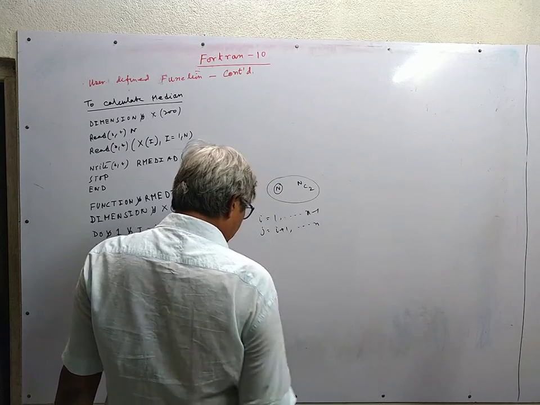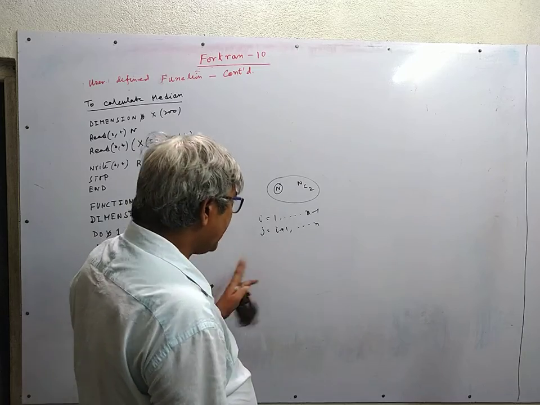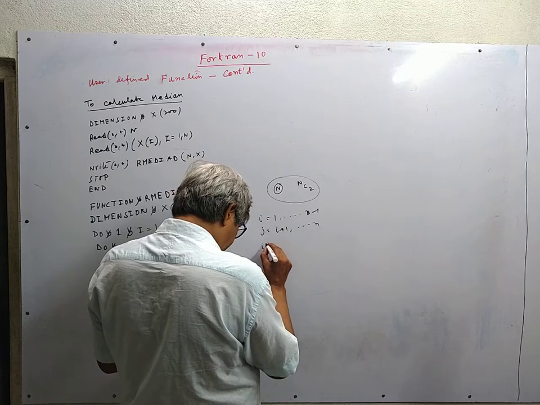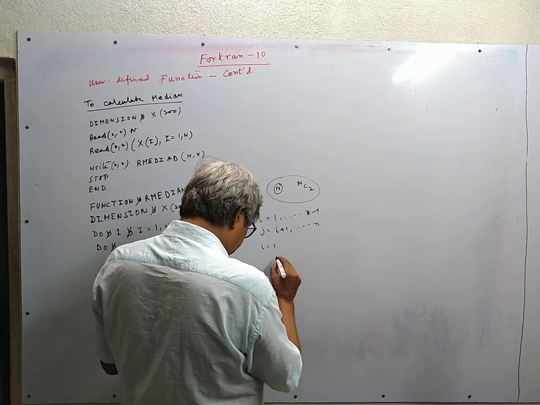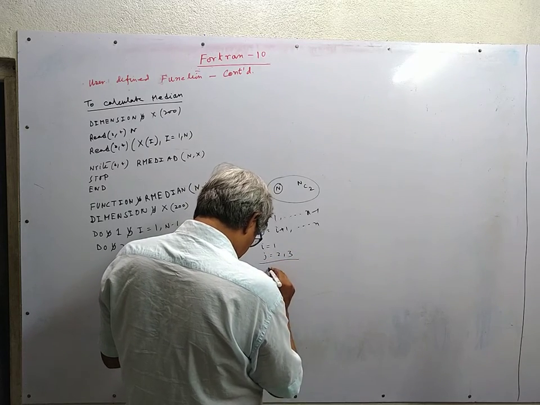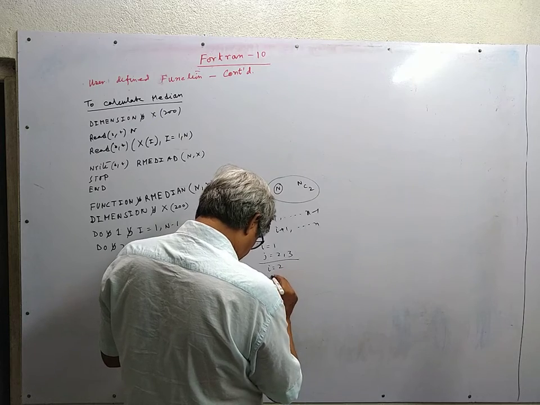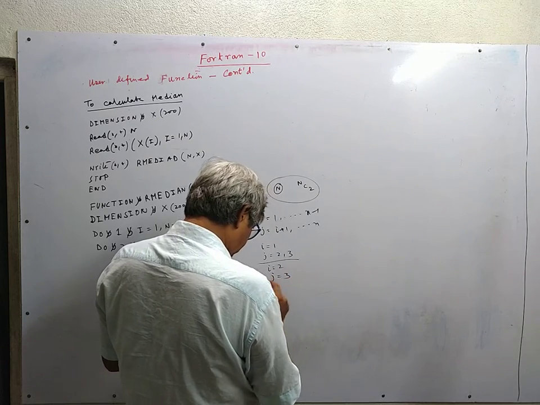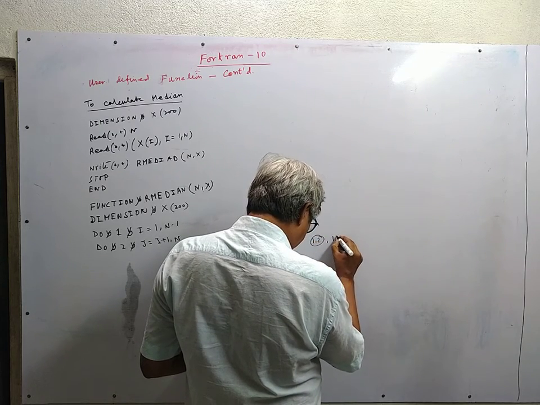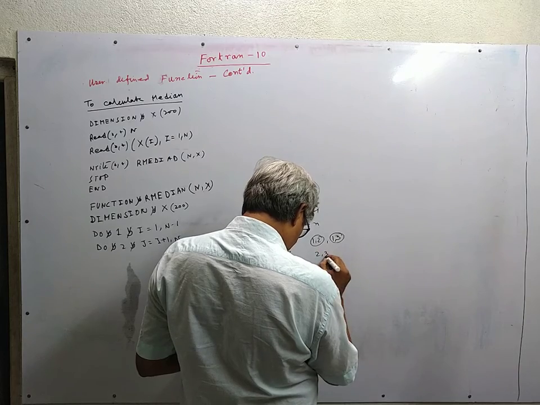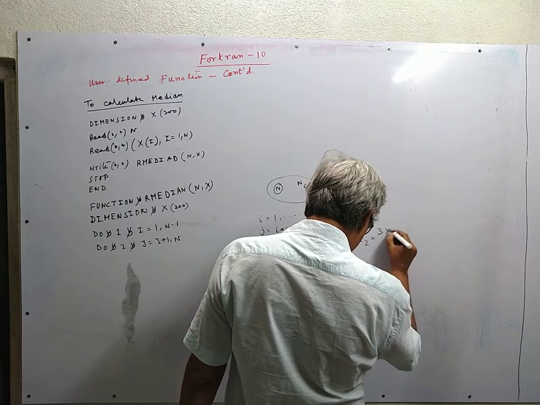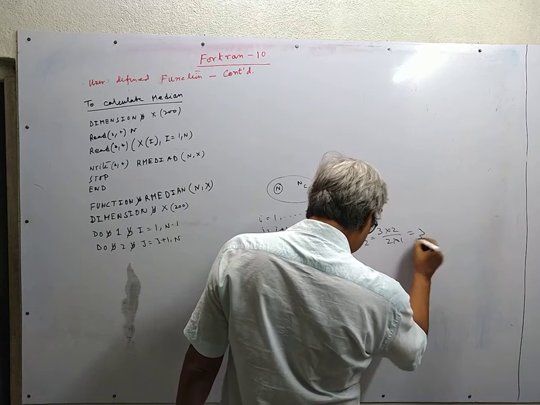So if we have say n is equal to 3, then the first value of I is 1. Within this I, j assumes the values 2 and 3. Then the second value of I is 2 and j value will be simply 3. So the pairs are 1 2, 1 3 and 2 3. So this is 3C2, 3 into 2 by 2 into 1, is equal to 3.